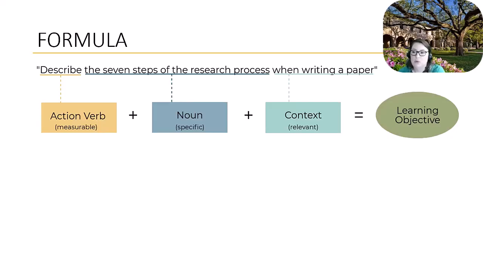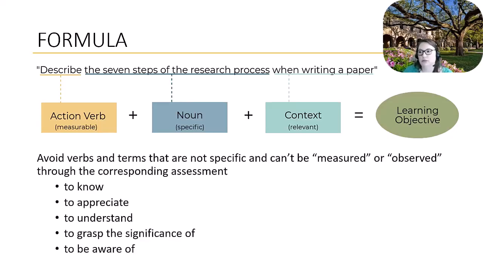We want to avoid soft verbs such as know, appreciate, and understand. You might very well want your students to know or understand a particular concept, but the objective should be written as to how you're going to measure that level of knowing or understanding. So think about, how will I know it when I see it?